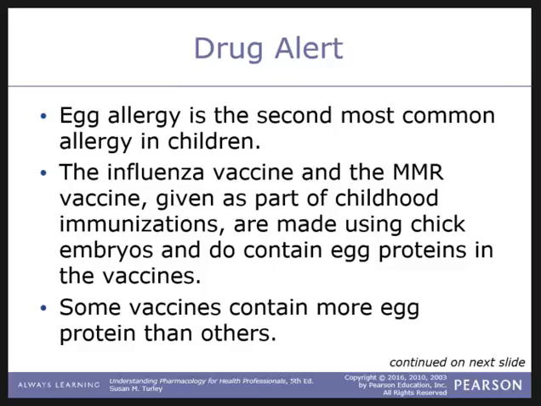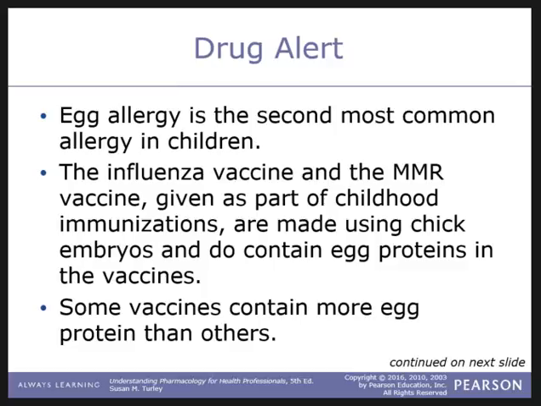It is important to note that severe allergies may need caution with specific vaccines. The influenza vaccine and the MMR vaccine given in childhood may contain egg proteins. Some of these have been changed recently. I don't have the specifics of which brand has phased out that component.